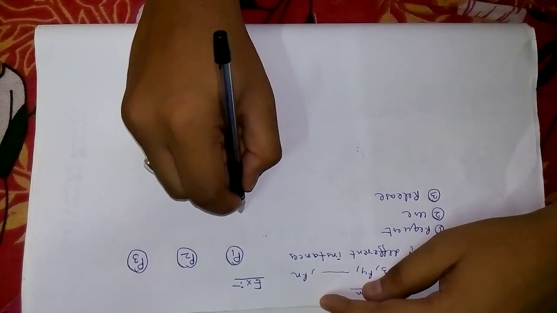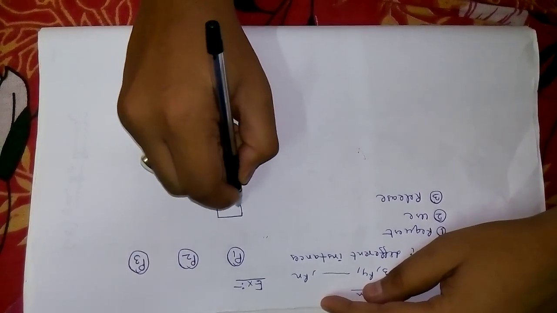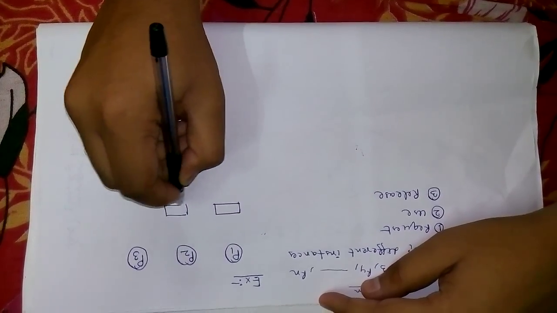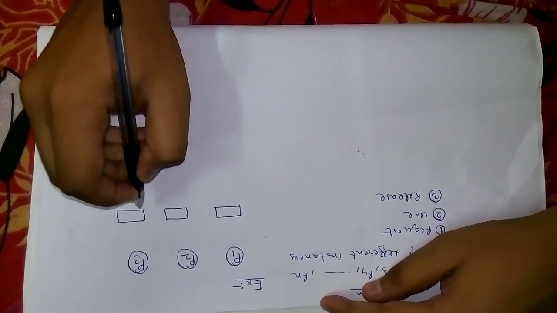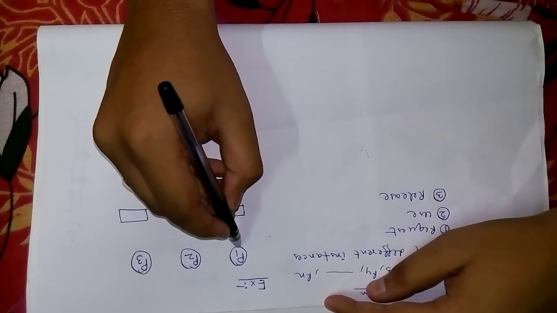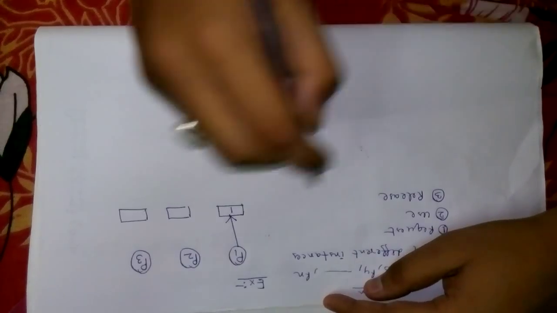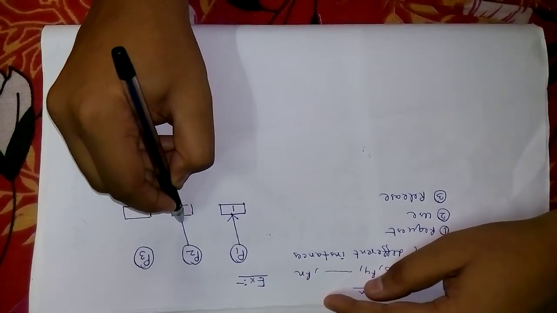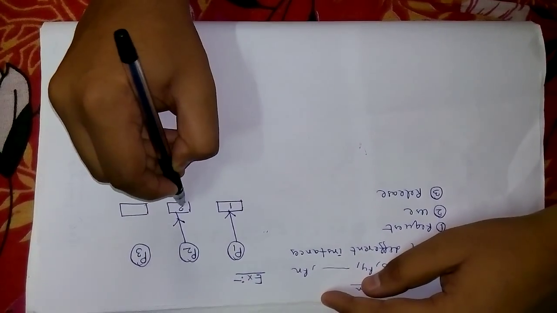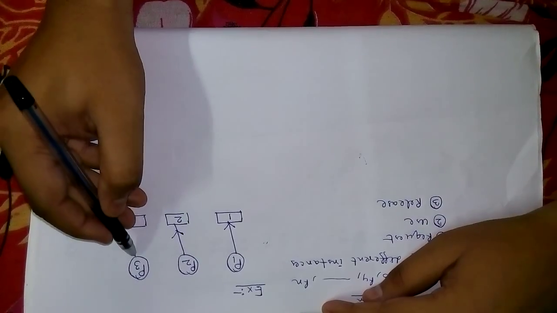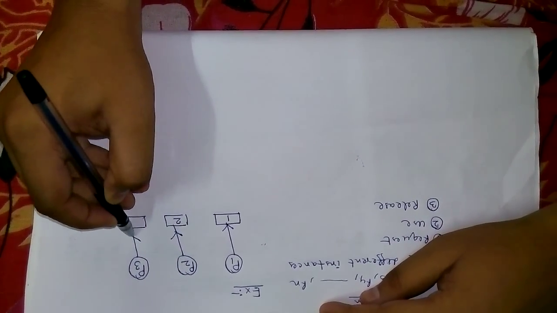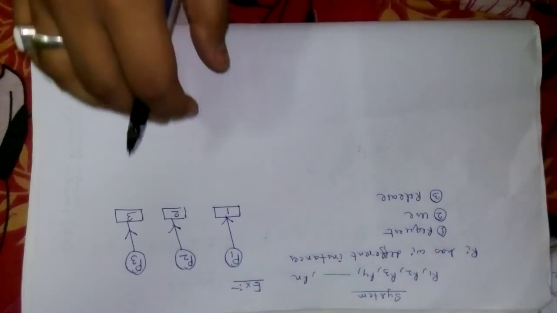Let us denote the tape drives by rectangular boxes. Now at a particular moment of time, P1 is using the first tape drive, which is marked as 1. P2 is using the second tape drive, marked as 2, and P3 is using the third tape drive, marked as 3.